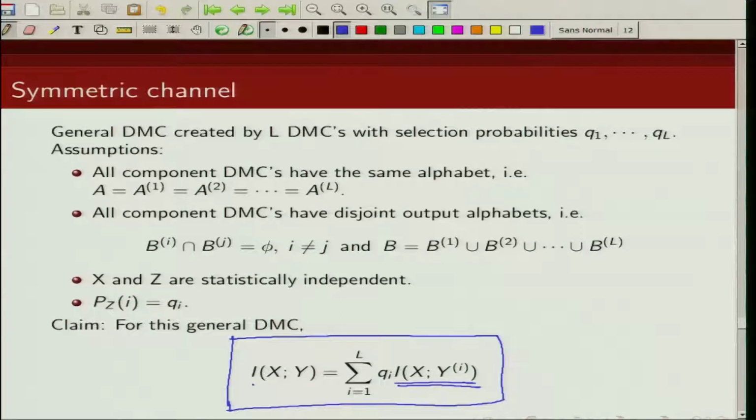From this expression, as you can see, we can write the mutual information between input X and output Y as the mutual information between input X and the output of these individual L channels multiplied by their selection probability, and summed over all such L channels. So we are now going to prove this result.